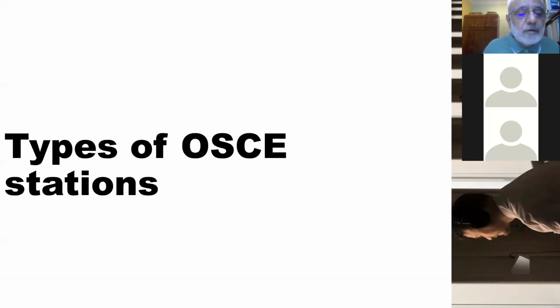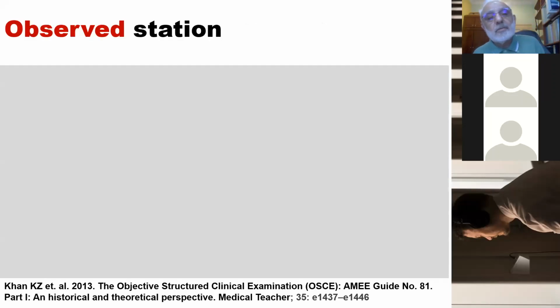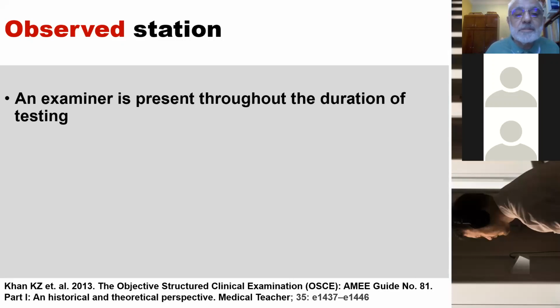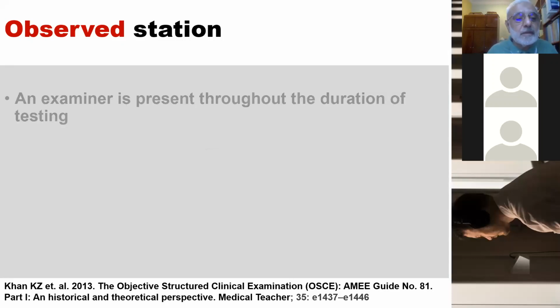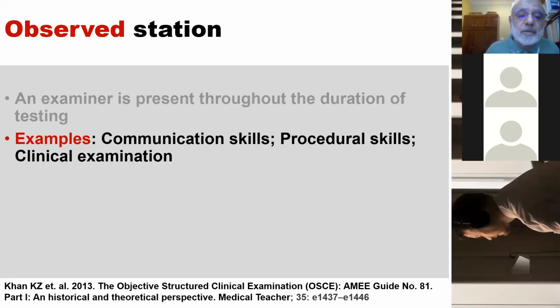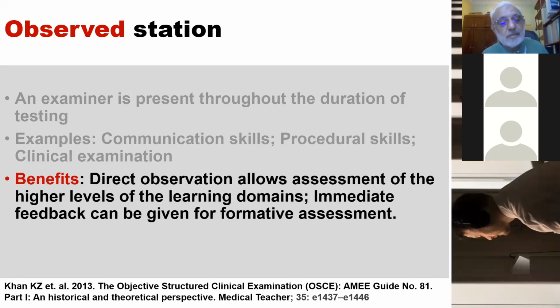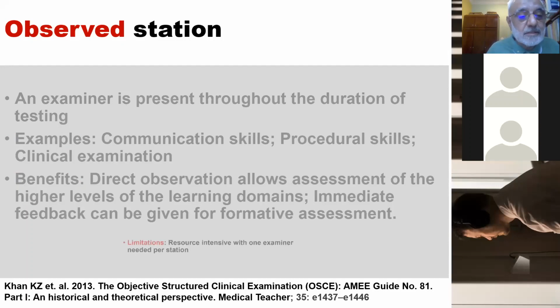Now, the types of OSCE stations. One is the observed station, probably the best type. An examiner is present throughout the duration of the testing. Examples are communication skills, procedural skills, clinical examination. The benefit is, of course, direct observation, which allows the assessment of higher levels of learning domains, and immediate feedback can be given if it is a formative assessment.